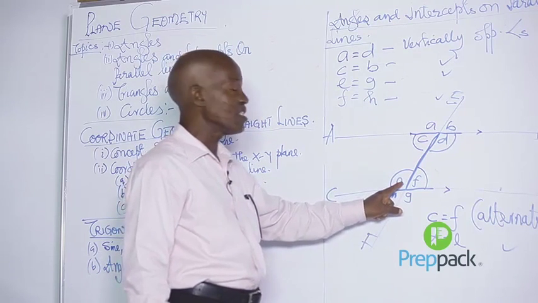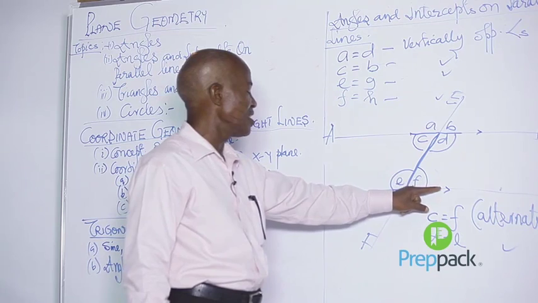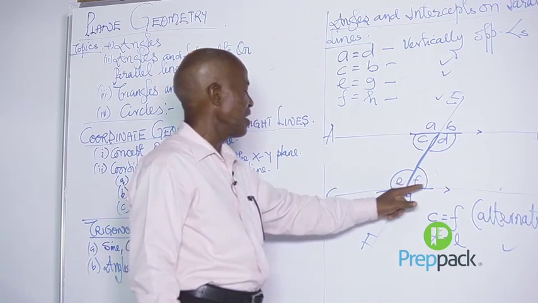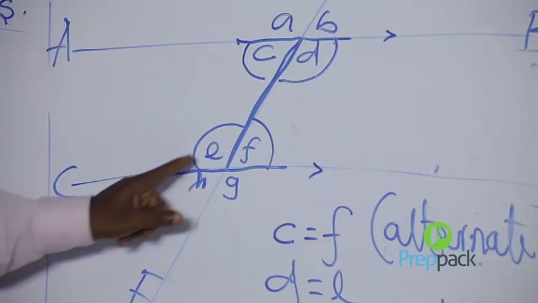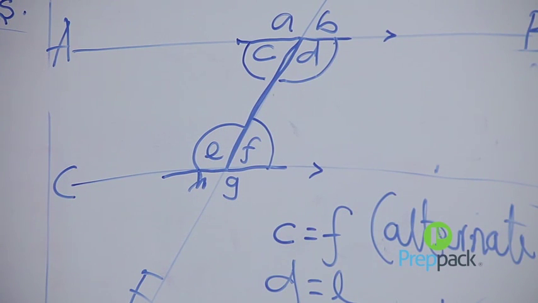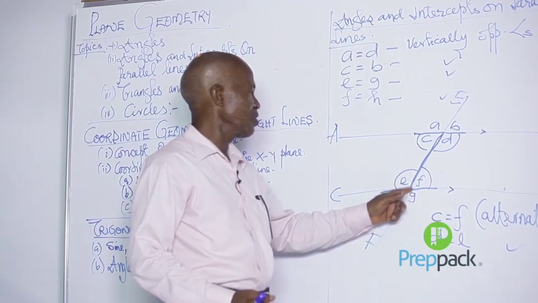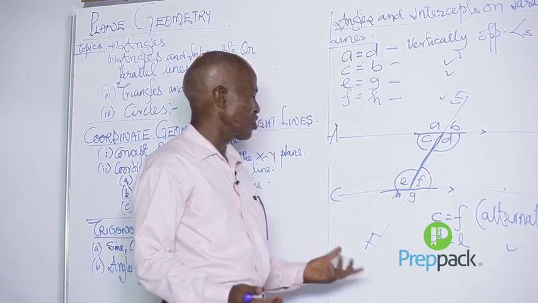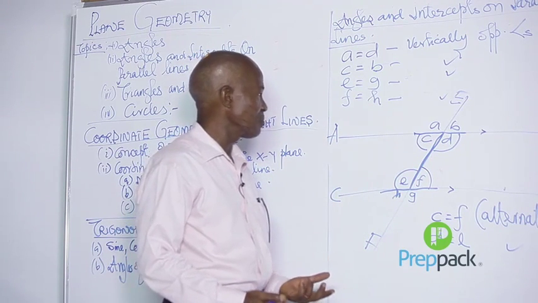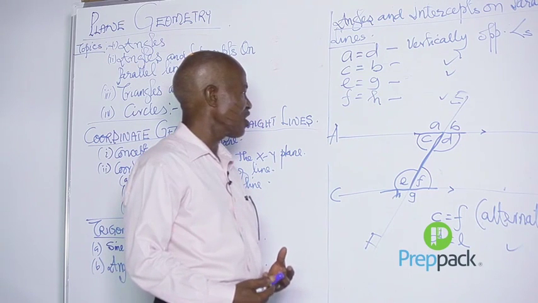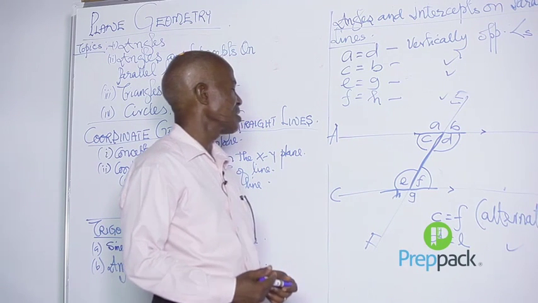Just as we can see that E and F are adjacent to each other and on the same straight line, so E plus F add up to 180. Now, when you look at this further, G will be equal to D. That is corresponding. Good.